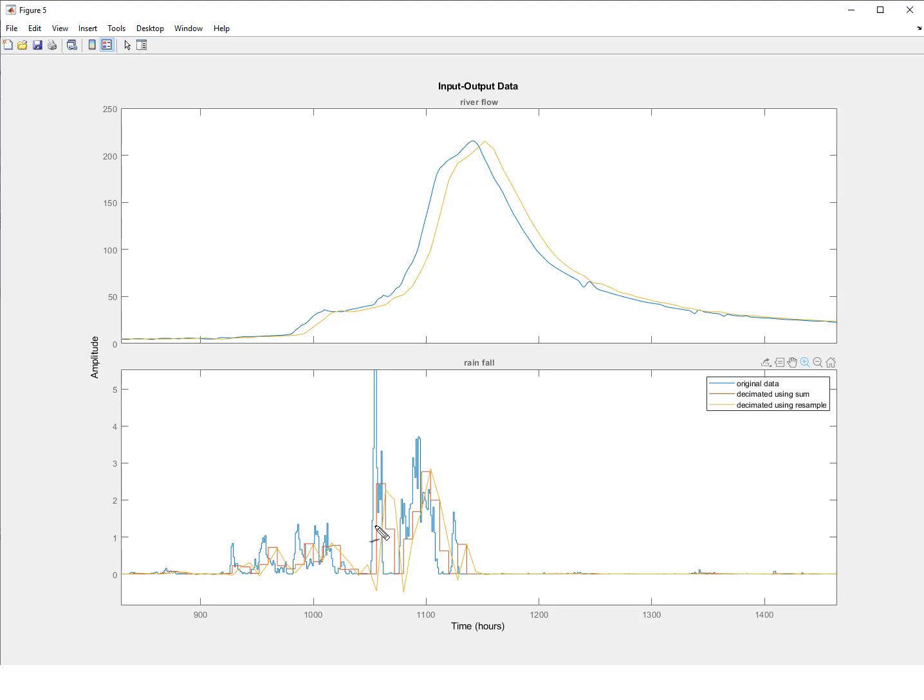So if you're working on this rainfall river flow data, you can use the resample function of Matlab for the river flow, but you should use your own little function that decimates the data by averaging out the rainfall over n hours, where n is the decimation factor.